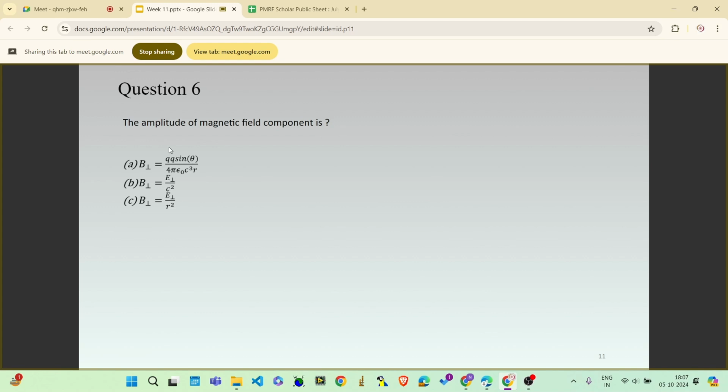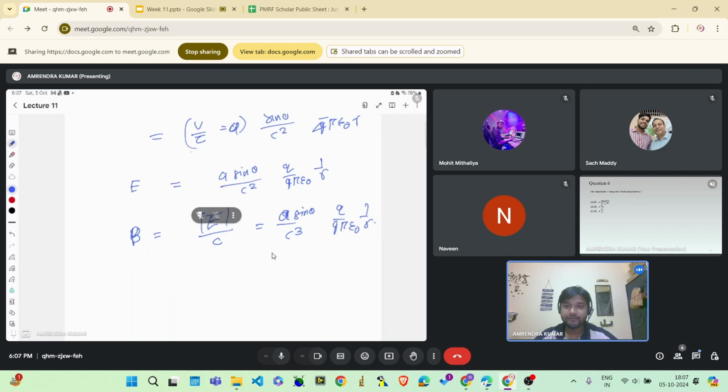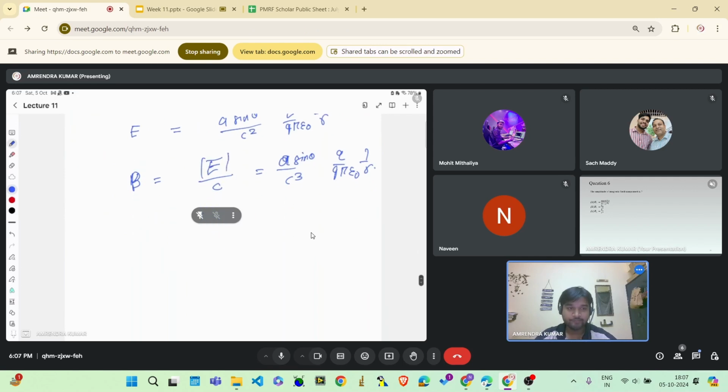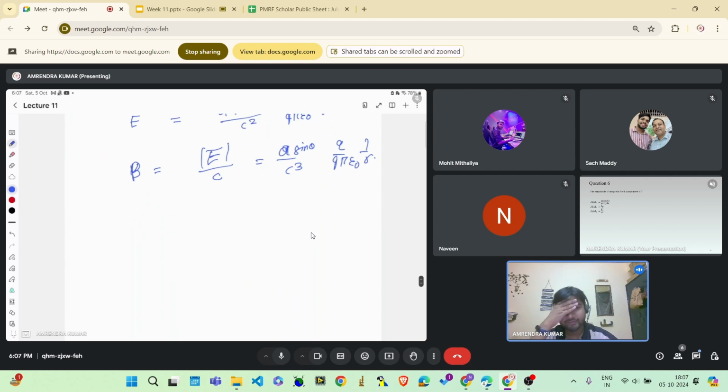We have just calculated it: if you calculate the integral along that Gaussian surface, this B perpendicular has this relation, a vector per c.